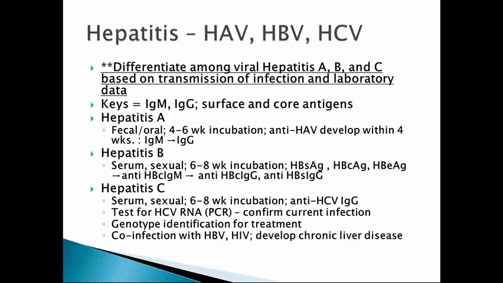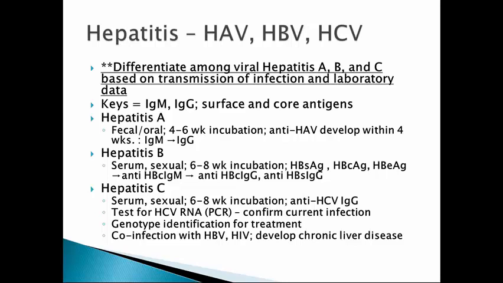Once again, we're looking at both IgM as well as IgG. So with hepatitis B, a hepatitis B IgM would tell us that this is an acute infection, more likely early on, and IgG is important because we are going to look at whether or not an individual has any IgM or IgG.